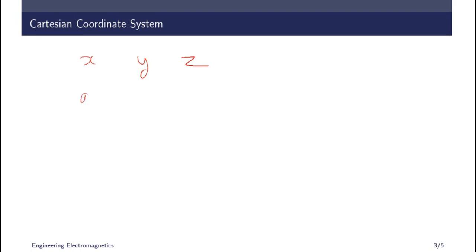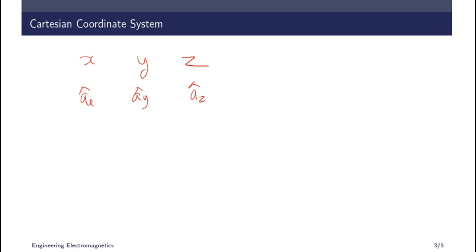X requires ax cap, along y it is ay cap, and along z az cap. So this is the basic method to reach a particular point: x along ax cap, y along ay cap, and z along az cap. These are the three parameters we will be using in the Cartesian coordinate system.